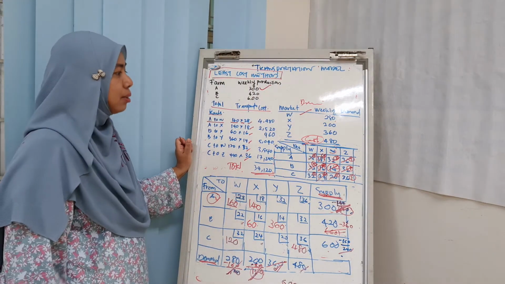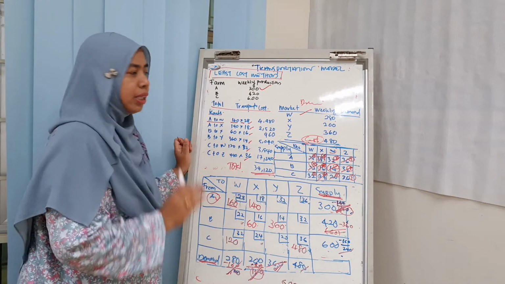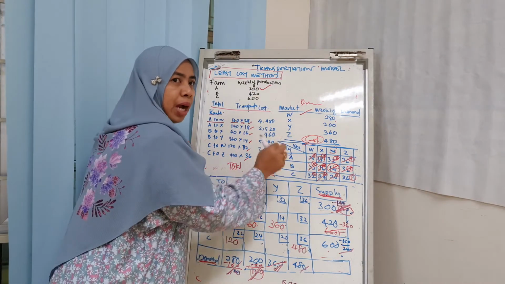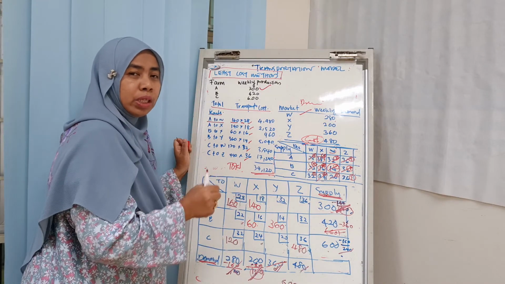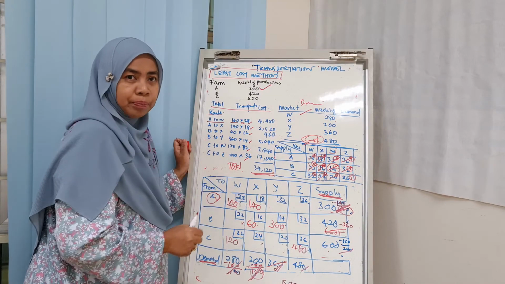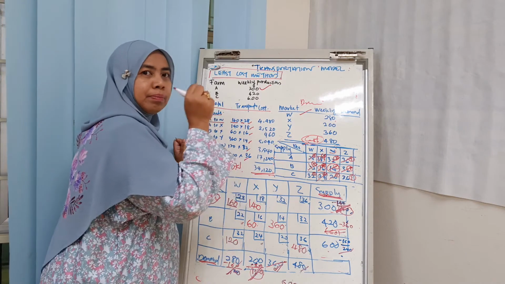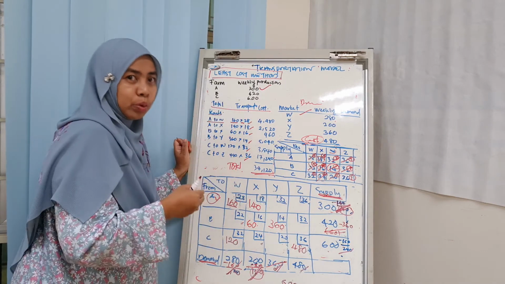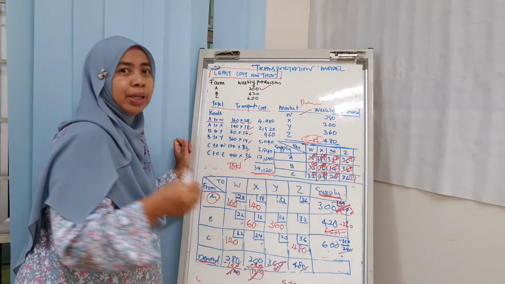Okay, understand class? So I repeat again. First you have to identify and mark the lowest cost. Okay, cari dan nyatakan, dapatkan nilai kos berturut, maksudnya paling rendah sampai ke paling tinggi.